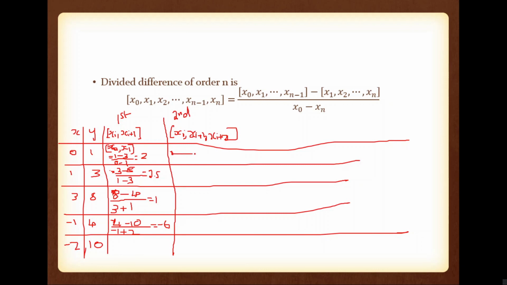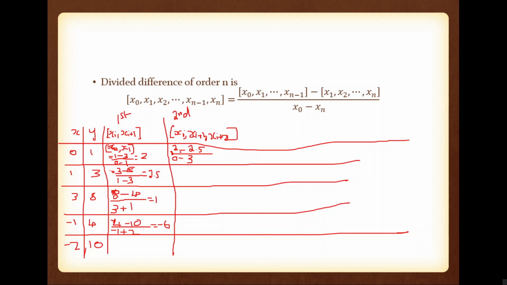So the numerator point of view, go through the previous column. Its current element is 2 minus its next element is 2.5, divided by, now denominator point of view, the current x is 0. Now we must be extremely careful. We can't take the next x because we are finding the second divided difference. We have to take the second next element. What is the second next element of 0? That is 3. That is very, very important.